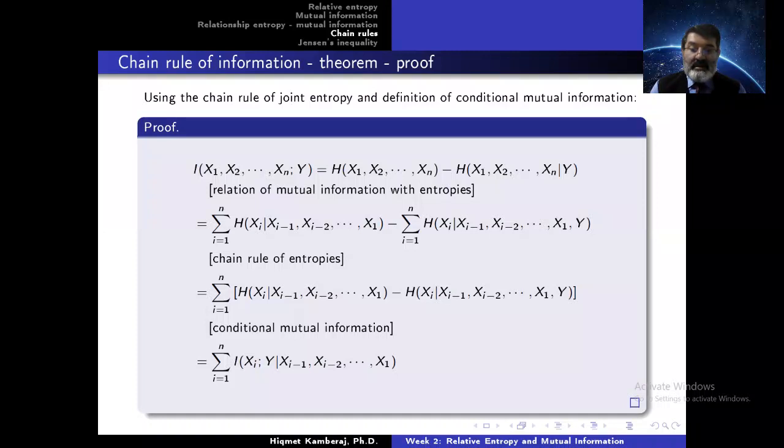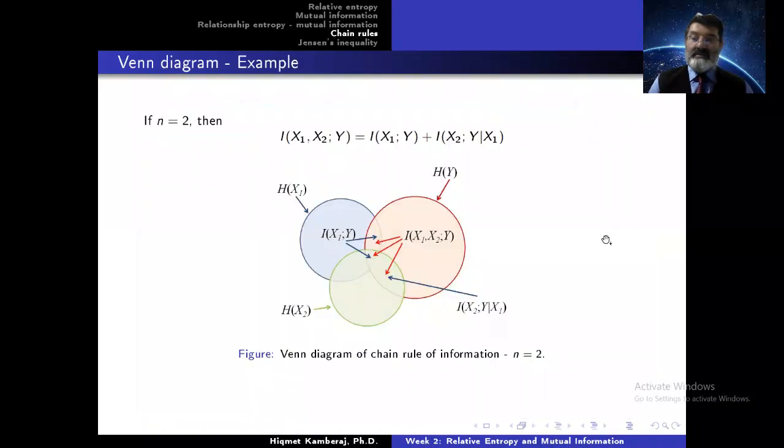Then I use the formula of the conditional mutual information to arrive at the last line. So if you see inside the sum, the parenthesis gives me the conditional mutual information between xi and y given xi minus 1, xi minus 2, x1. And this is the proof of what we wanted.